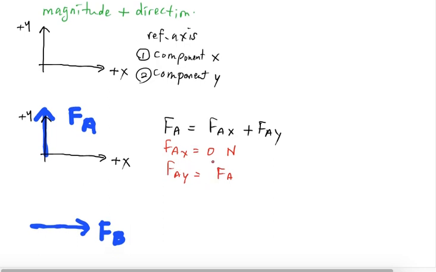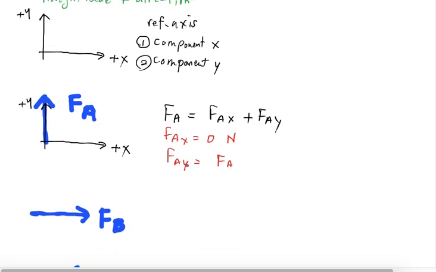So if one of the components is 0, that leaves us with FA equals FAY. That's why we have such an equation.